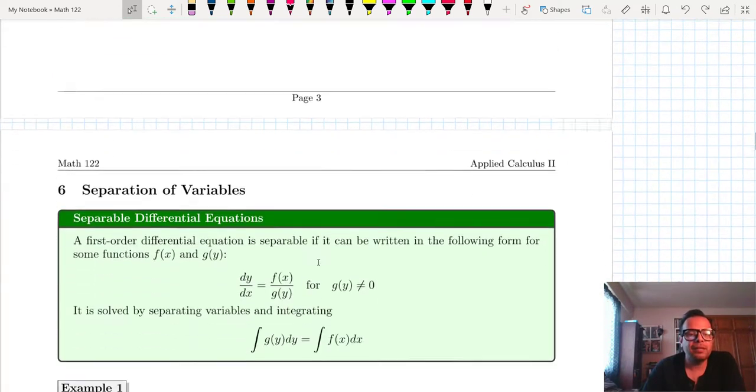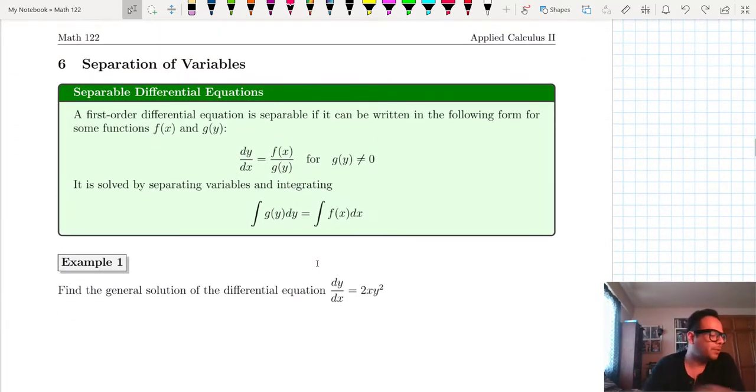Okay. Separation of variables. So how do we perform separation of variables? Well, an equation is separable if it can be written in this form. That is dy/dx equals f of x divided by g of x.